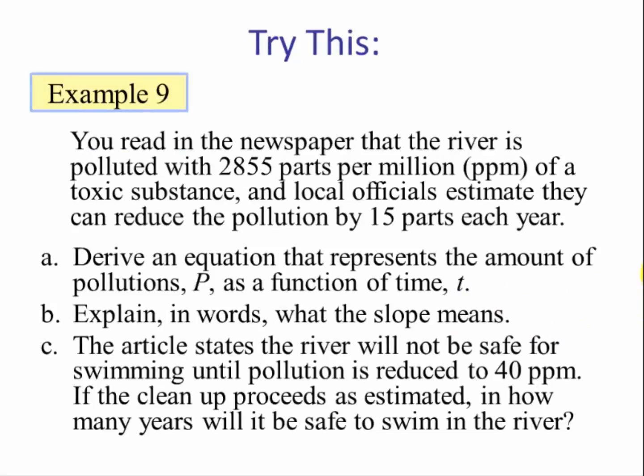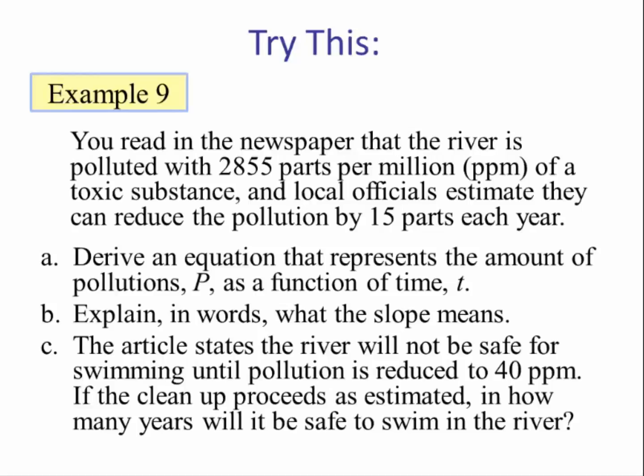Example number 9. You read in the newspaper that the river is polluted with 2,855 parts per million of a toxic substance, and local officials estimate they can reduce the pollution by 15 parts each year. A. Derive an equation that represents the amount of pollutants, P, as a function of time, T. B. Explain in words what the slope means.